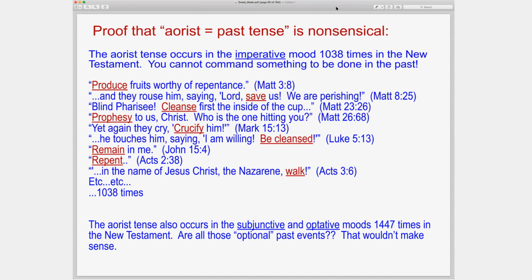I counted them. That's the number that I came up with in the New Testament. You cannot command something to be done in the past. For example, produce is imperative. Produce fruits worthy of repentance. He can't be telling them to do something in the past. And they rouse him saying, Lord, save us.